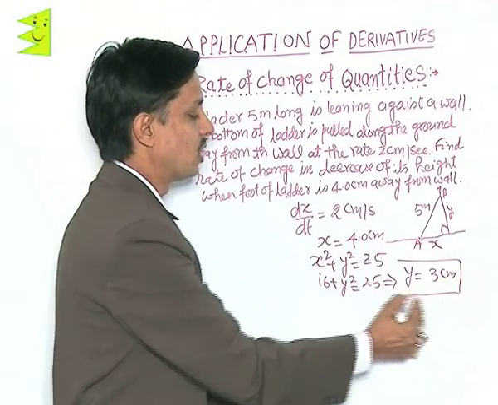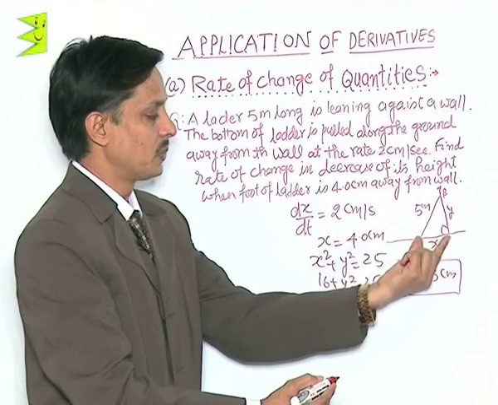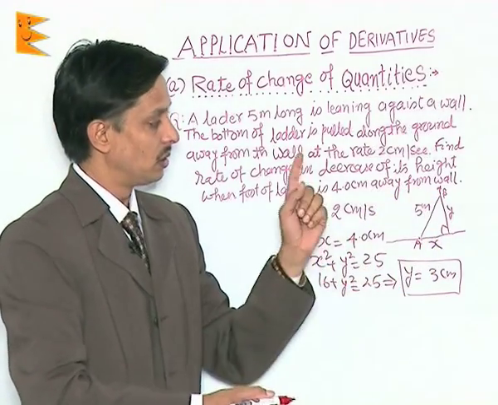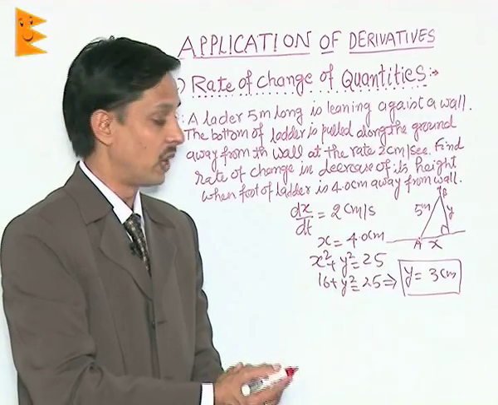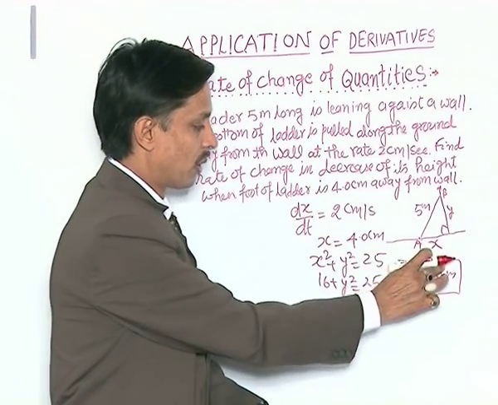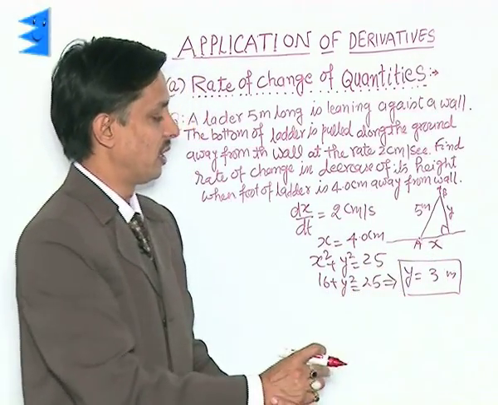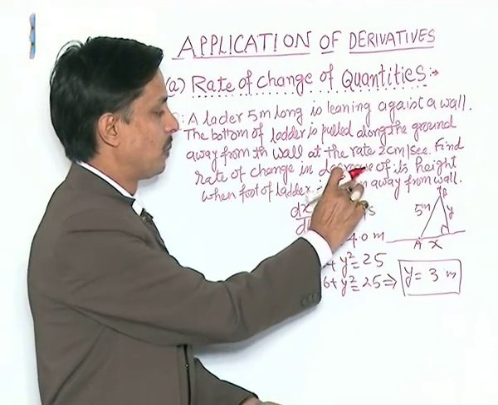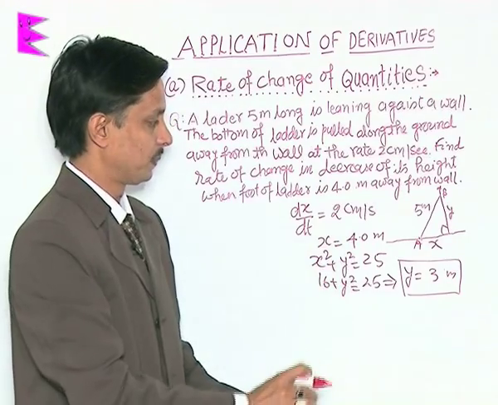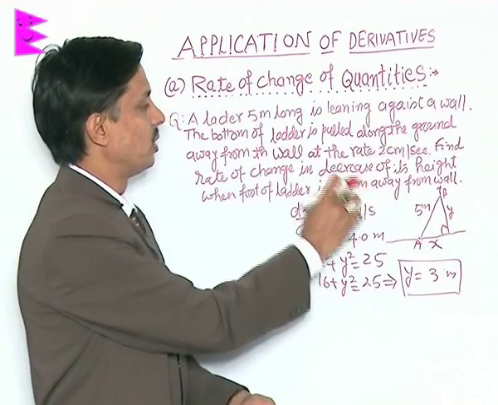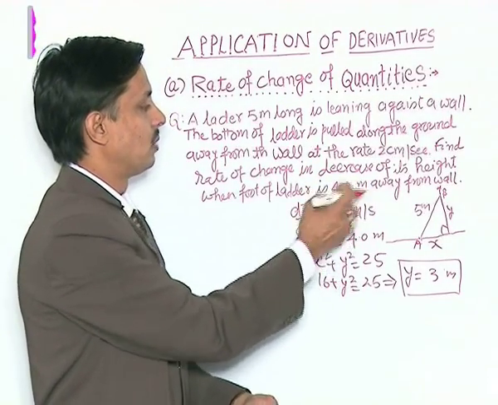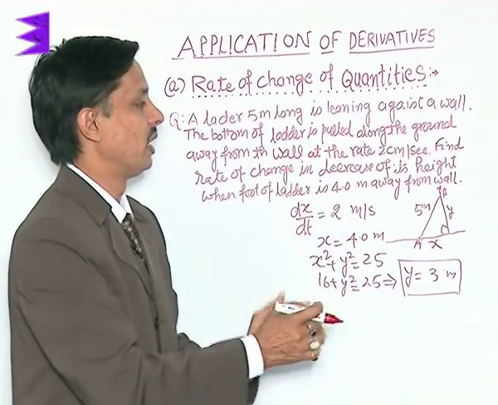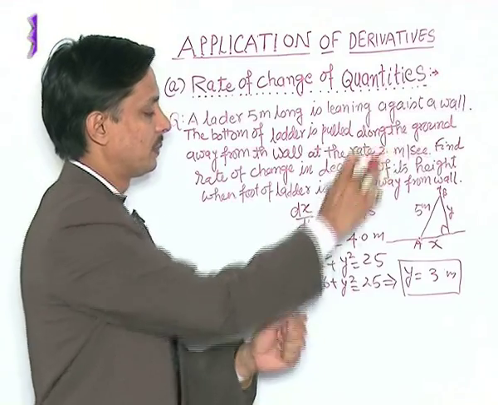Obviously, when this part is 4, then height has to be 3 to keep the length of the ladder as 5 meter. It is overall in meters, so I will take it in meters. This part is also in meters and this part is also in meters. Rate of change is also given, that it is changing 2 meter per second. So, we have to take every unit in meters.